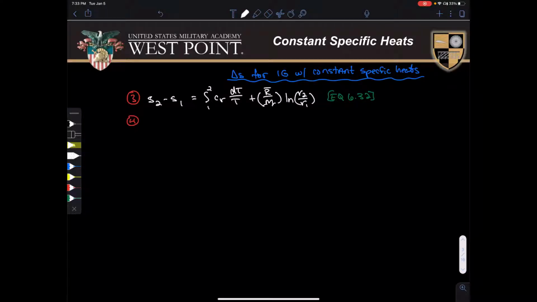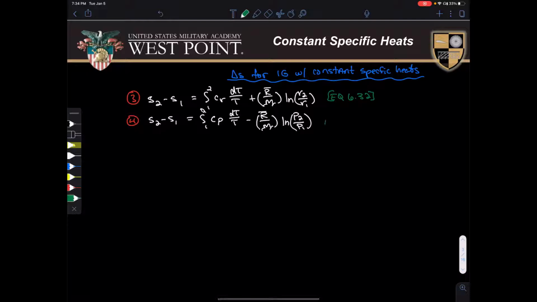Okay? And then the other form of this, which we derived using Gibbs equation number 2, was our equation number 4. Entropy at state 2 minus state 1 equal to our integral from 1 to 2 of our specific heat at constant pressure, dT divided by the temperature, minus, in this case, the universal gas constant divided by the molecular weight, and again times our natural log of our pressure at 2 divided by our pressure at 1.